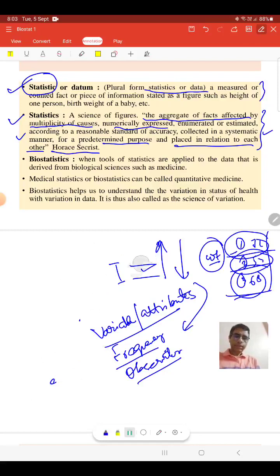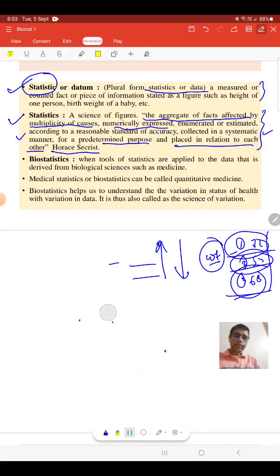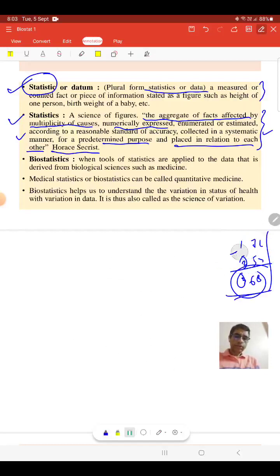Next is the area which we deal with, biostatistics. So what is biostatistics? When the tools of statistics are applied to data derived from biological sciences such as medicine, it is called biostatistics.